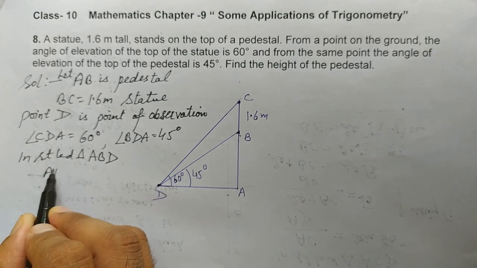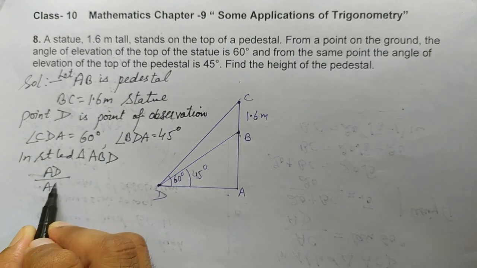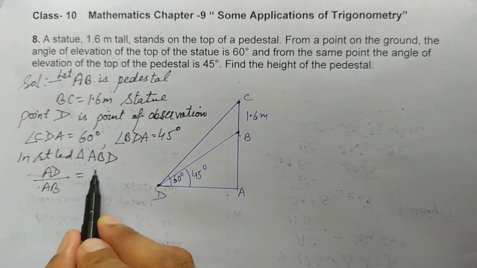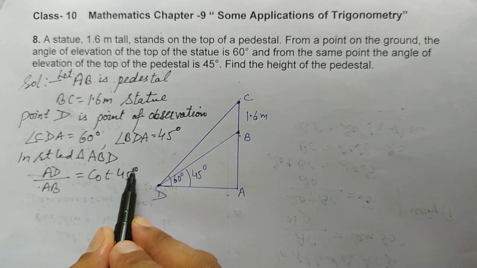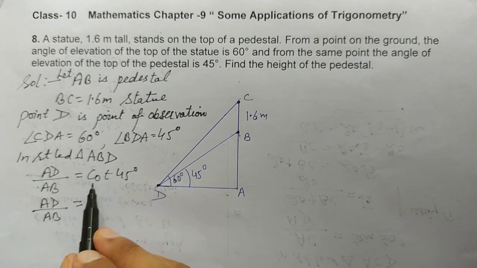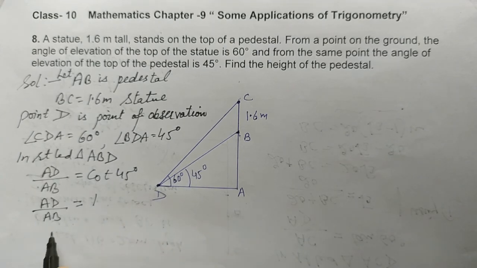So AD is in the numerator over AB in the denominator. So it becomes B over P, that is cot 45 degrees, right? Cot 45 is 1. So here AD is equal to AB by cross multiplying. So this is equation number 1.